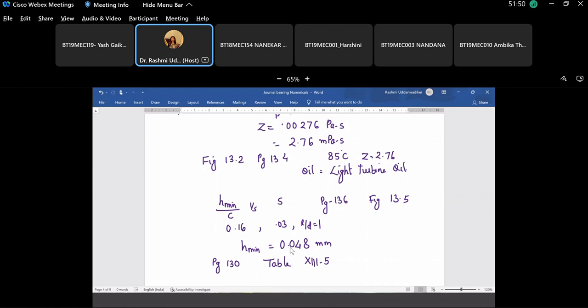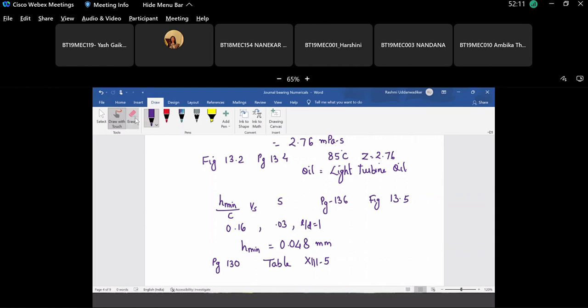Is it 0.048 you are getting or 0.0048? Yeah, it is 0.0048. One decimal is missing. 0.048 would be too much.